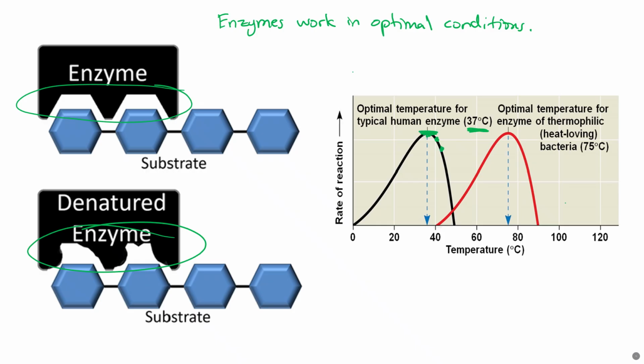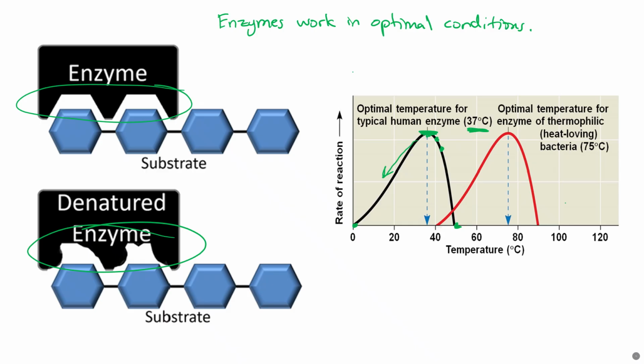The enzyme starts to denature when it reaches zero activity, and it looks like it's about 43, 44 degrees Celsius. At that temperature, the enzyme is considered to be denatured, and the opposite side is true as well. At 0 degrees Celsius, the enzyme has denatured too.